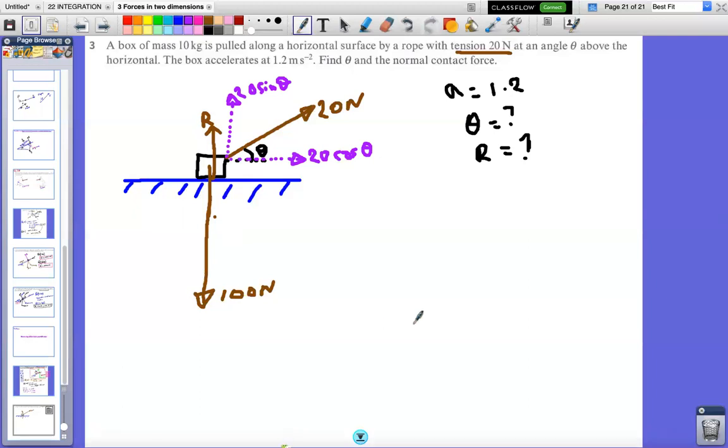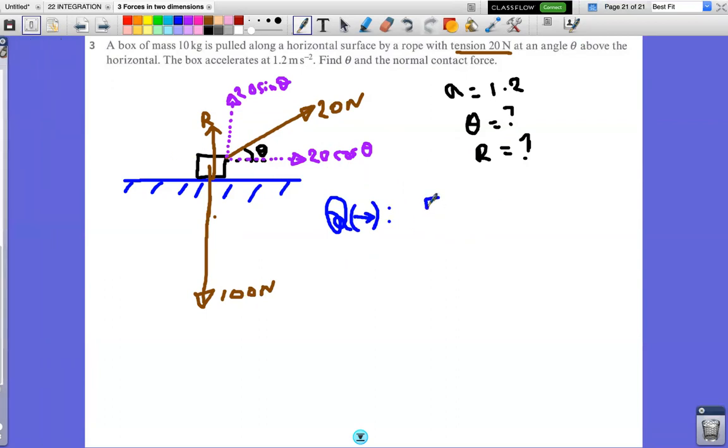And now we can resolve our forces horizontally. We will get F equal ma horizontally.